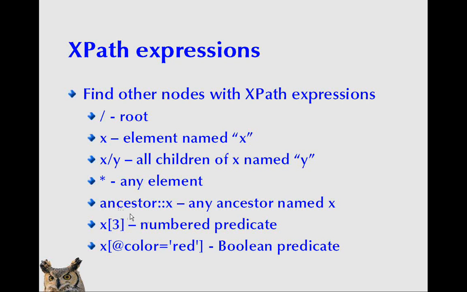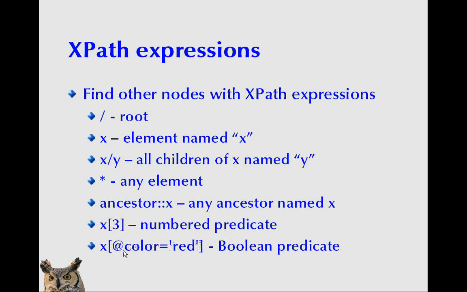Also in XPath, we have predicates. The predicate is a useful tool because it allows us, if we have a series of X elements, to show the third X element. Predicates can be seen as having a dual use. In addition to putting a number in the predicate, we can also put a Boolean expression within the predicate.